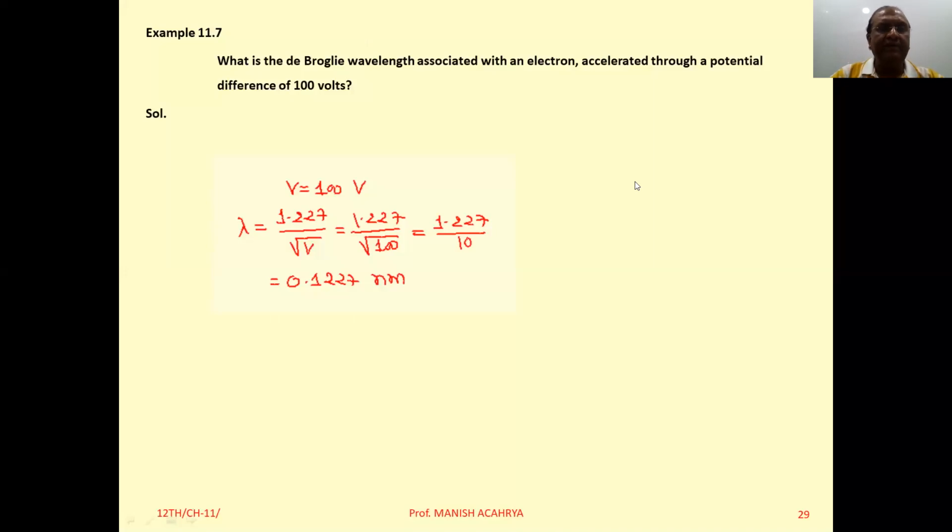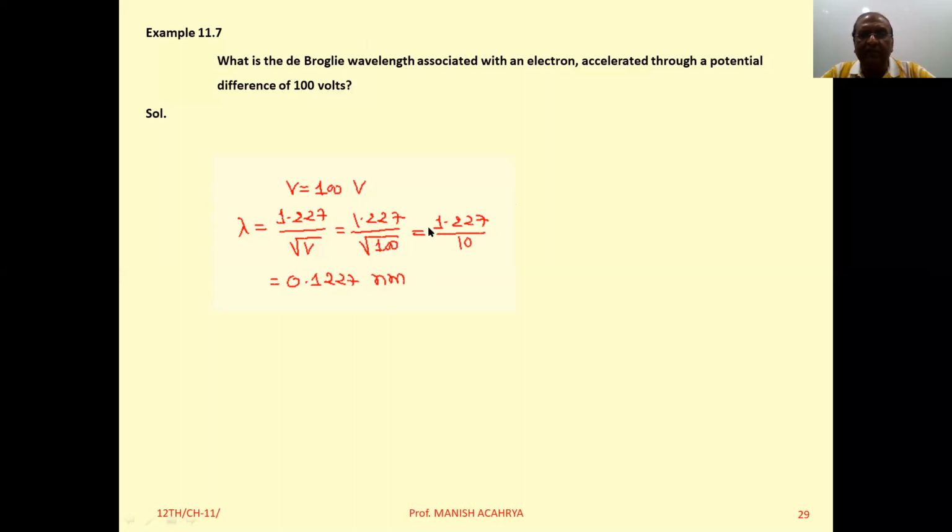Next one, example 11.7. What is the de Broglie wavelength associated with an electron accelerated through a potential difference of 100 volt? Now V equals 100 volt, λ is 1.227 upon root V. Now here, substitute simply V equal to 100.